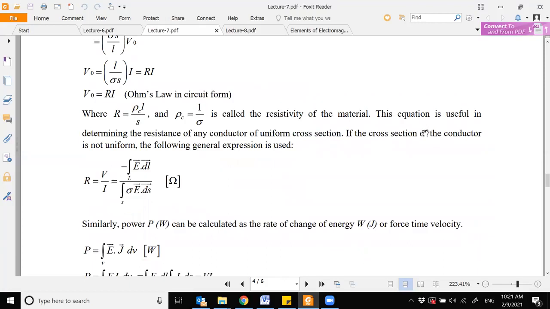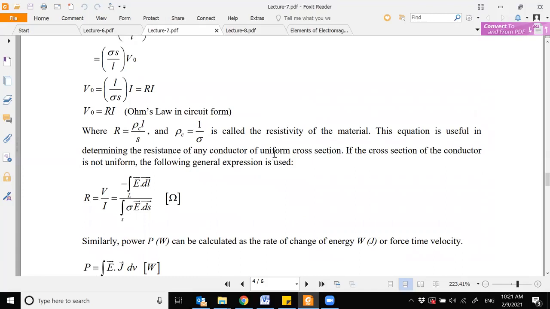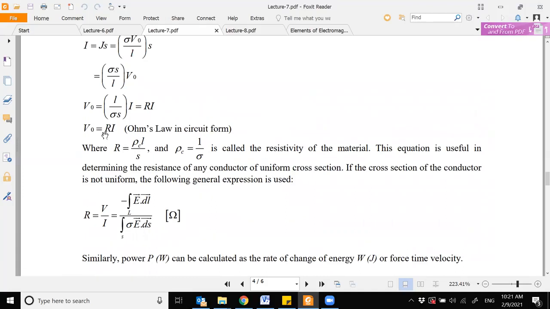But if we have a conductor which has a non-uniform cross section, then we have to apply the general expression. Now, what is the general expression? R is equal to the potential difference over the current, and the potential difference expression is nothing but the integral over the length of the conductor E bar dot dl.